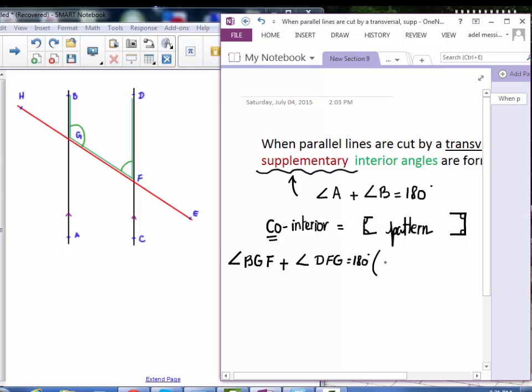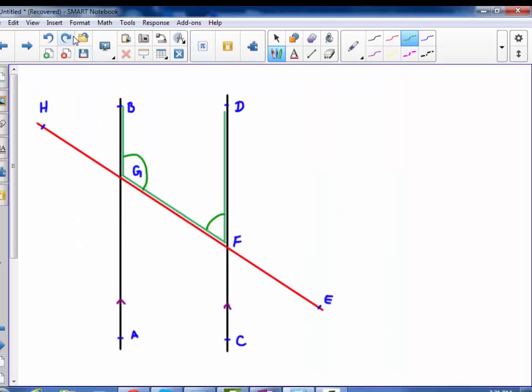Why? What is the reason? Because they are, again, interior angles. Please don't mention C pattern. C pattern is for you, but you have to mention interior angles or co-interior angles. Both are correct.